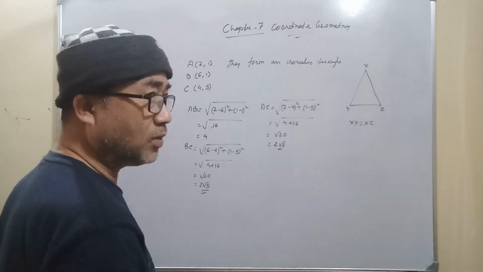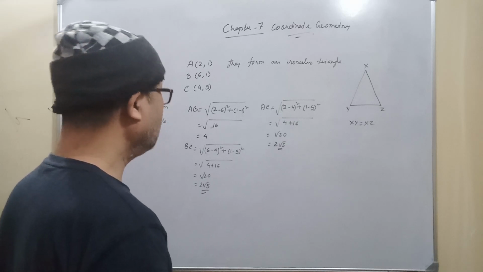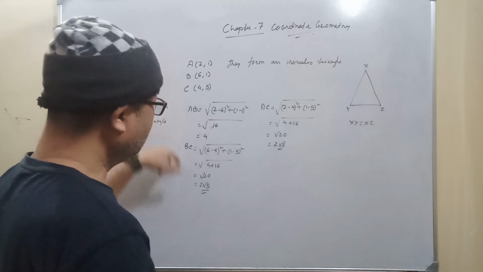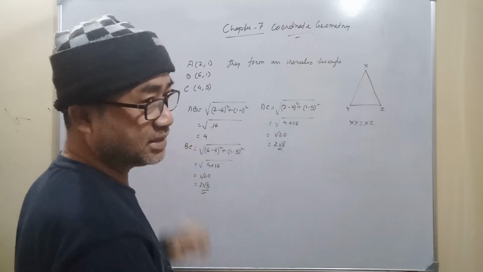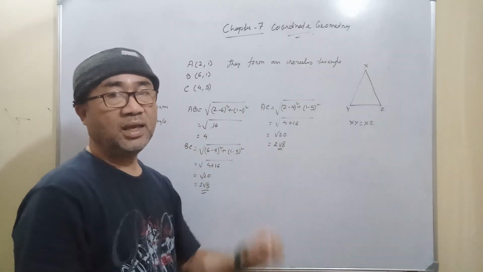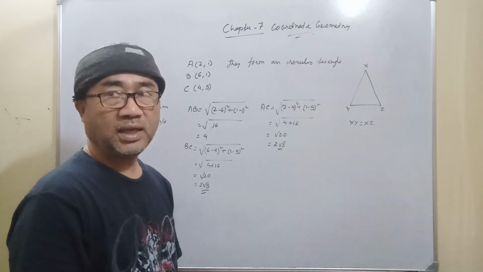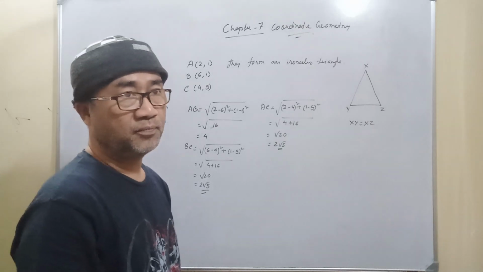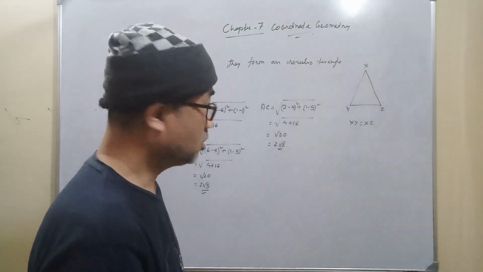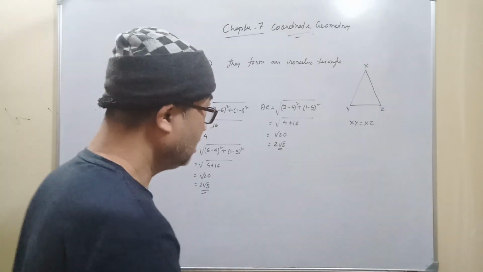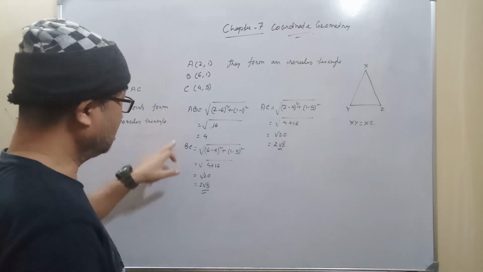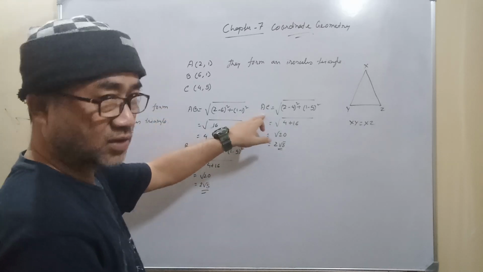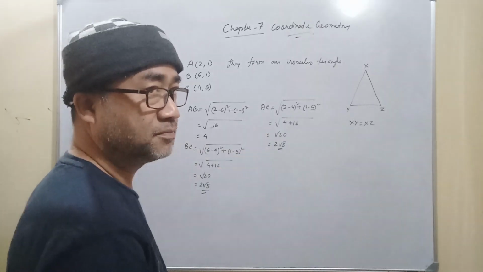In an equilateral triangle, what do you have to prove? You have to prove that the three sides are equal. AB is equal to BC is equal to AC. Then the three sides are equal and that forms an equilateral triangle. Okay? Procedure is the same: finding the distance between the points in turn, AB, then BC, then CA or AC, like this.